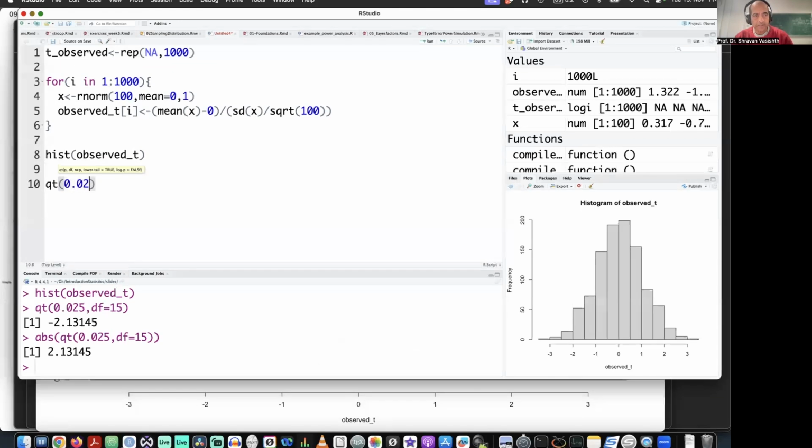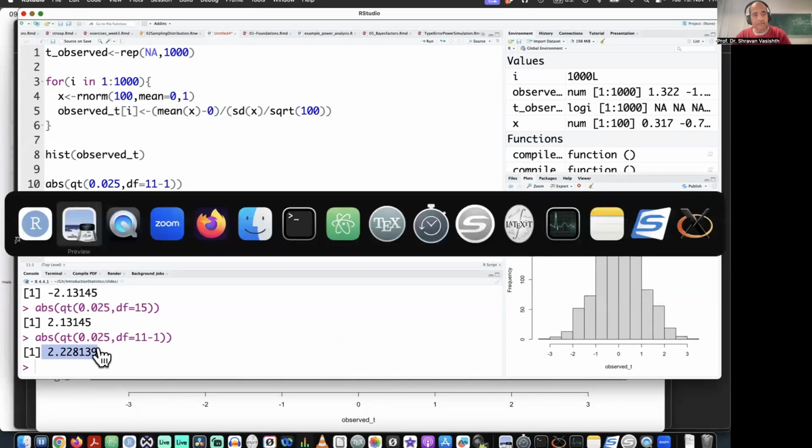What is the quantile such that for degrees of freedom 11 minus 1, what's the absolute quantile value that constitutes my rejection points in the distribution? It's 2.22. So if my observed t-value is actually larger or smaller than 2.22, it could have been smaller, by the way, it doesn't matter what the sign is.